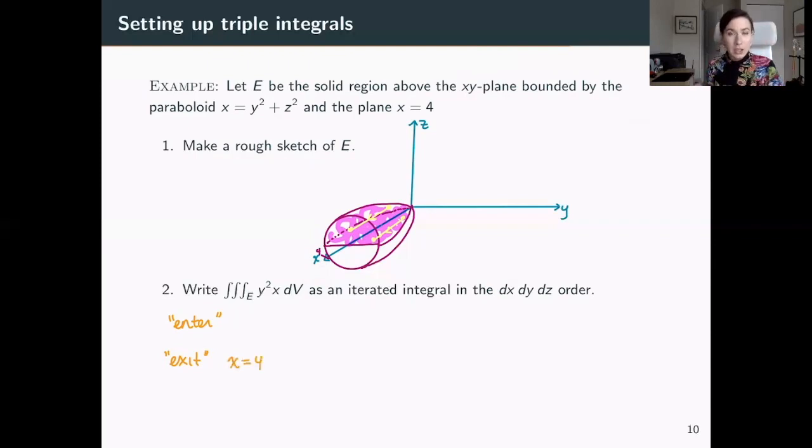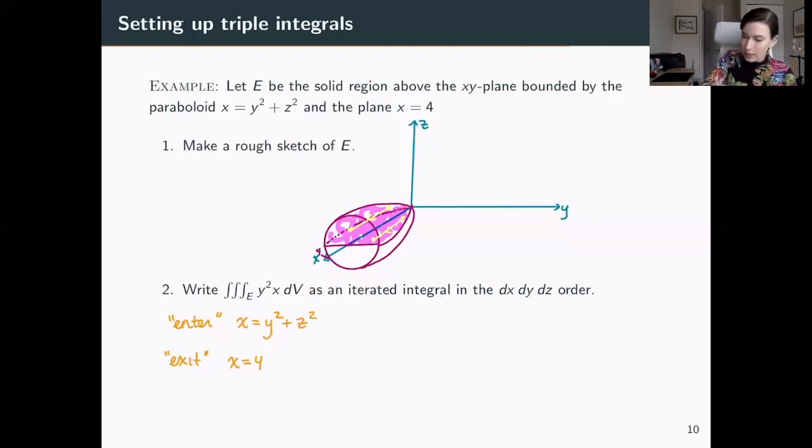Where we enter is a little bit trickier to find. We're going to enter for some value of x, which is going to be equal to the point on the surface. Sometimes that point is going to be far away, other times a little bit closer. But that entrance is always going to happen at x equal to y squared plus z squared.